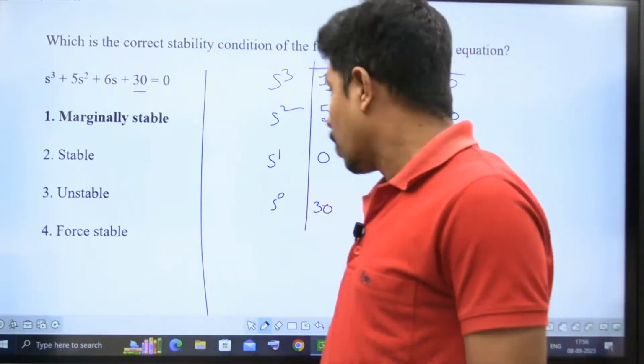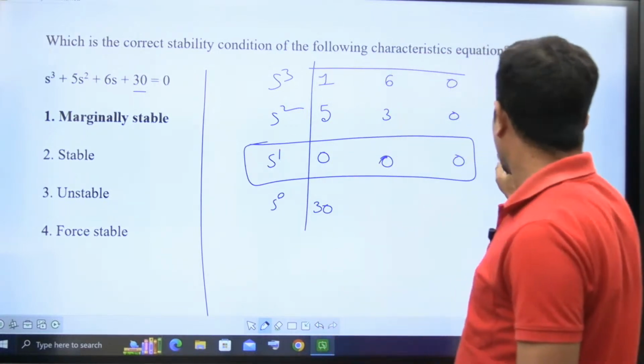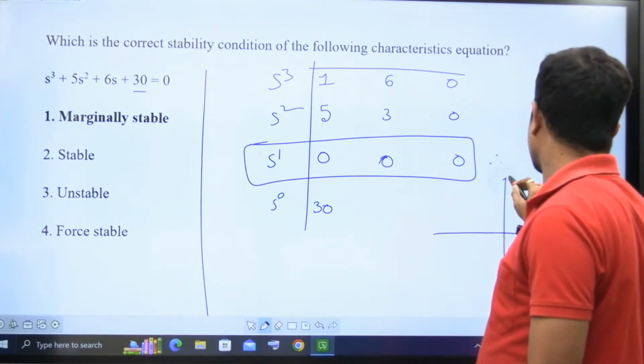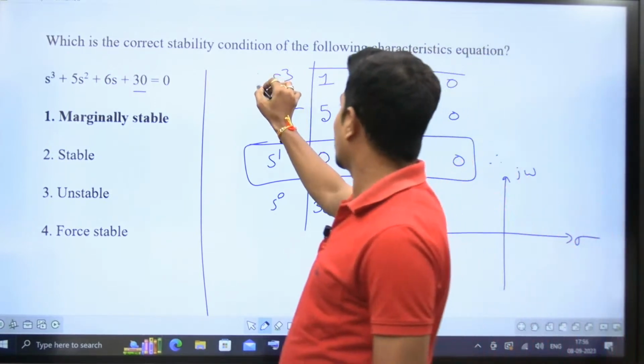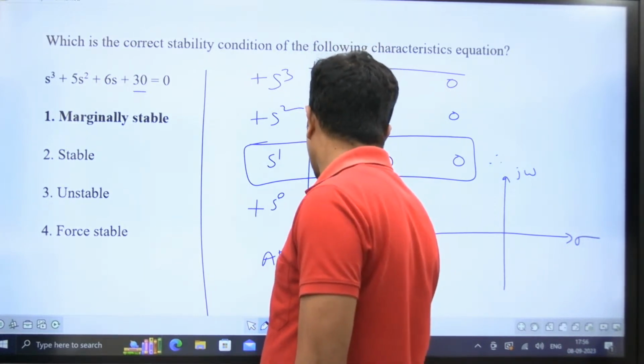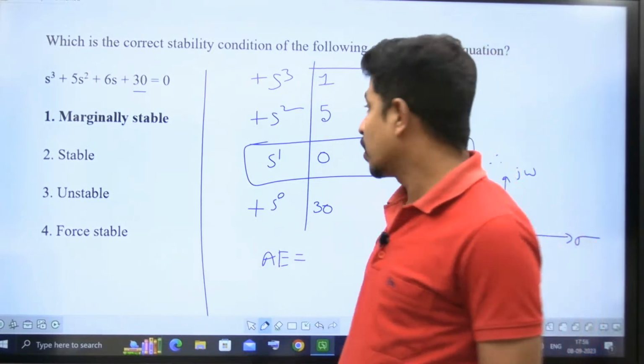If you observe, one complete odd power row became 0. Therefore, two symmetric roots are there with respect to origin. Are there any sign changes? This is plus, this is plus, this is plus. Now what is the auxiliary equation? Whenever a complete odd row becomes 0, its above row is taken as the auxiliary equation row.